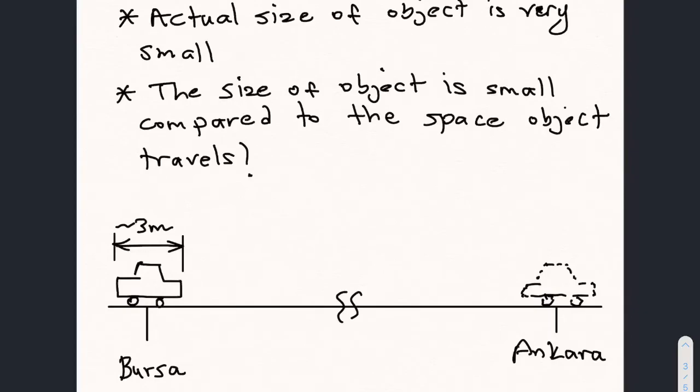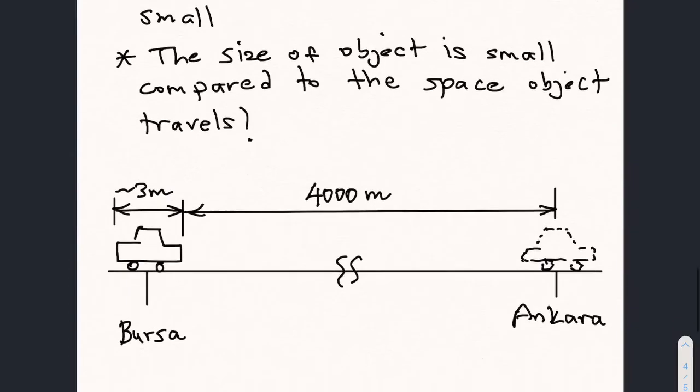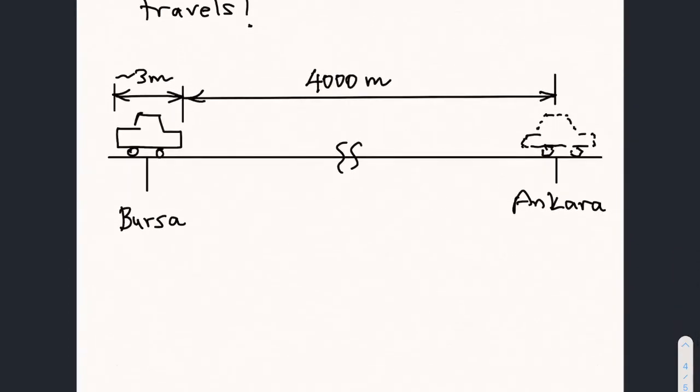But the distance between these two locations is basically 4,000 meters, let's say. So compared to the distance traveled, the size of the car is negligible. So once we model this motion, we may consider the car as a particle. So this is one example.